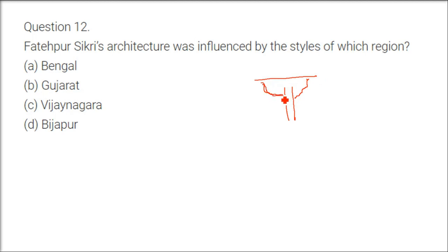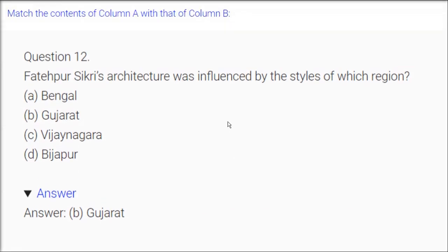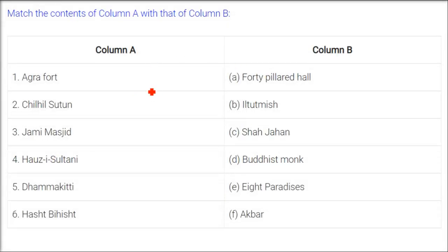So Fatehpur Sikri's architecture is influenced by Gujarat architecture. If you go to Gujarat, you will see the structures are like this only. So this is cross fertilization, or fusing of different architectures.